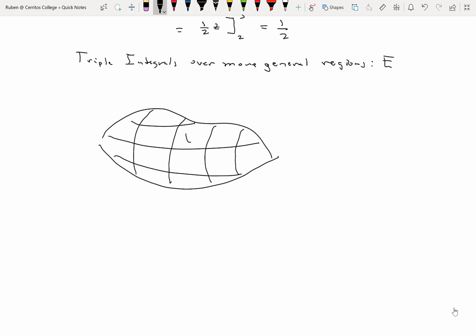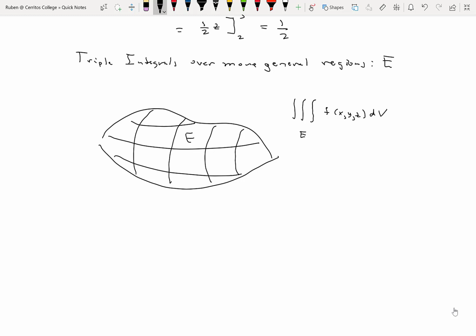The idea, if this is the solid E, is to define and evaluate triple integrals over these strange bean-shaped regions of f of x, y, z, dV.